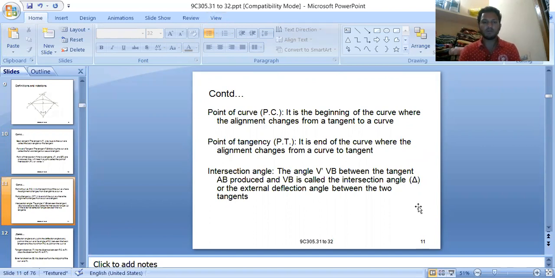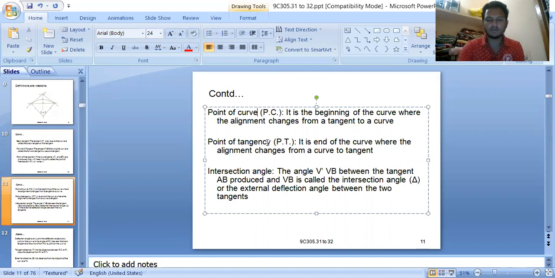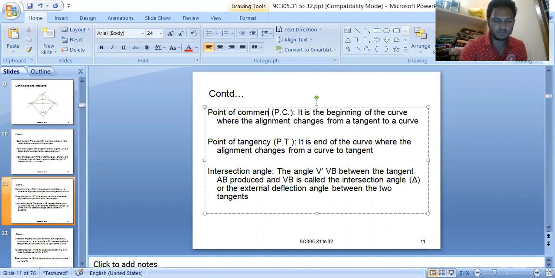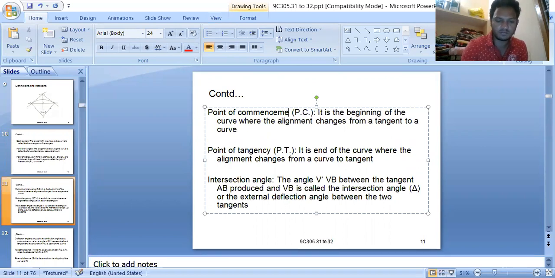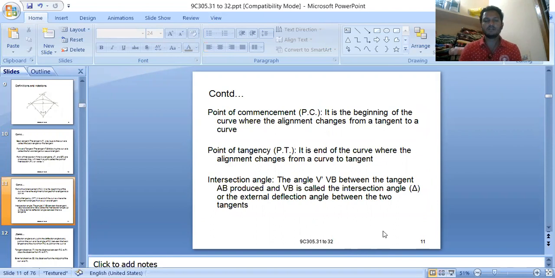Now we'll have the point of curve. It is the beginning of the curve where the alignment changes from tangent to a curve. It is actually not point of curve, this is point of commencement. Point of commencement means the point at which the curve starts. So T1 can be called the point of commencement.